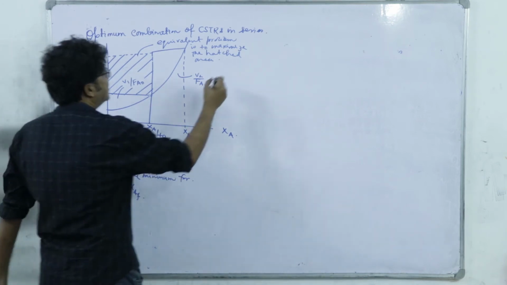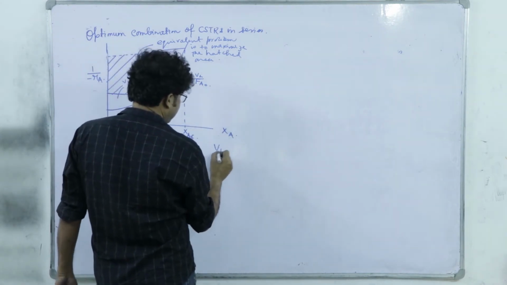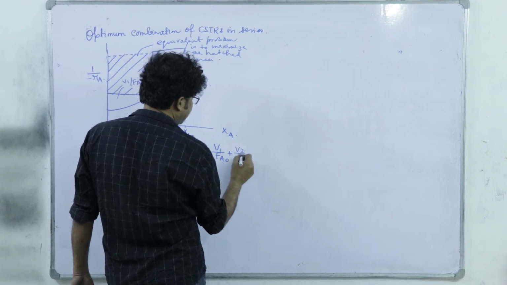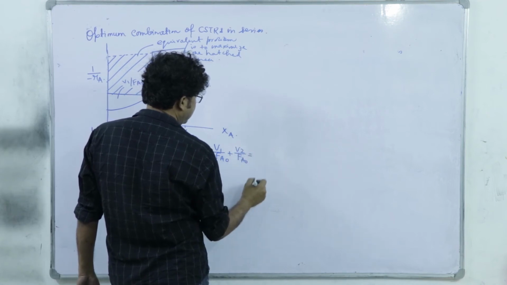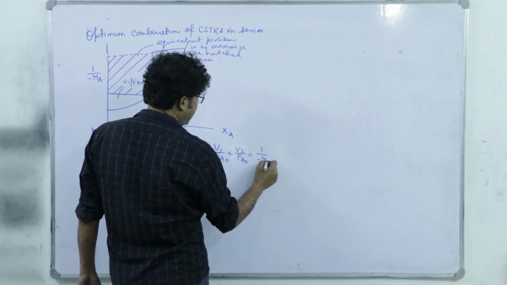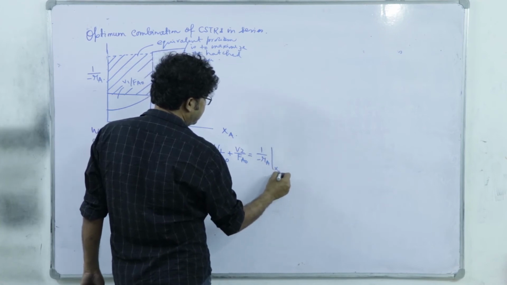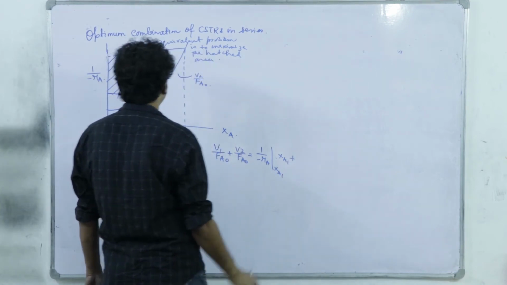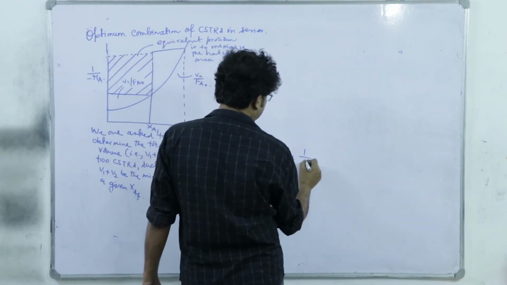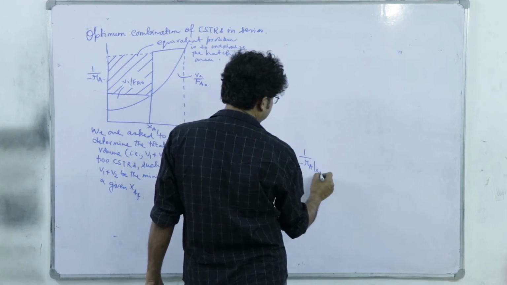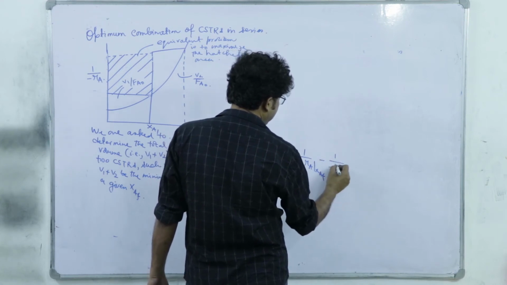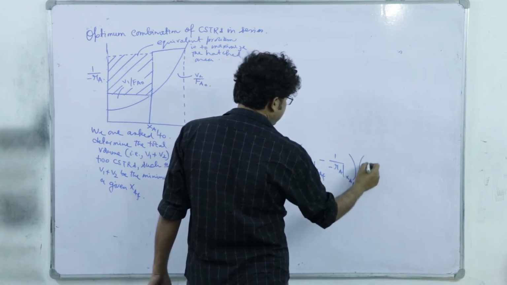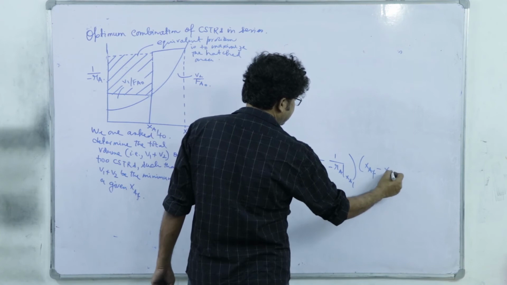And you see that V1 by Fa0 plus V2 by Fa0 is equal to 1 by minus Ra at Xa1 into Xa1 plus 1 by minus Ra at Xaf minus 1 by minus Ra at Xa1 bracket into Xaf minus Xa1.